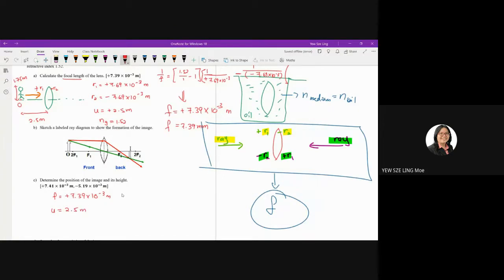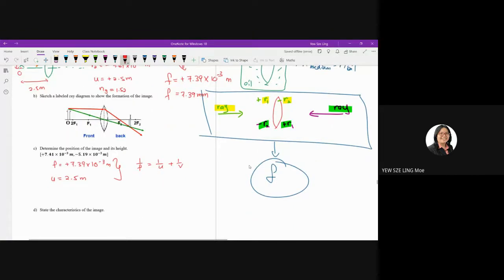By using these two pieces of information, I can then determine the position of the image by using 1 over F equals 1 over u plus 1 over v. So substitute the values: 7.39 times 10 to the power of negative 3, 1 over 2.5 plus 1 over v.